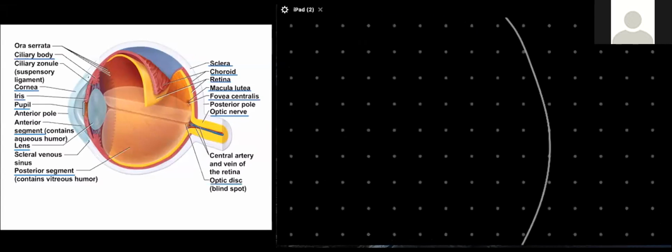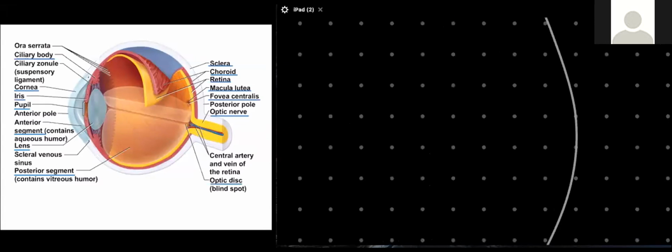And I'm getting very close to check the different layers of the retina. I will see a layer of pigmented cells. They have pigments.